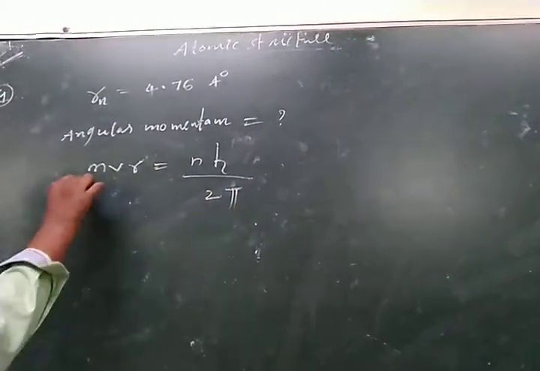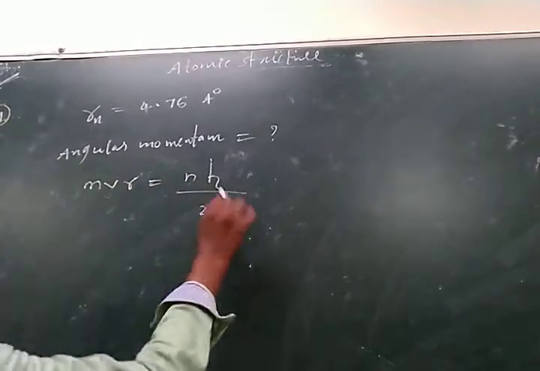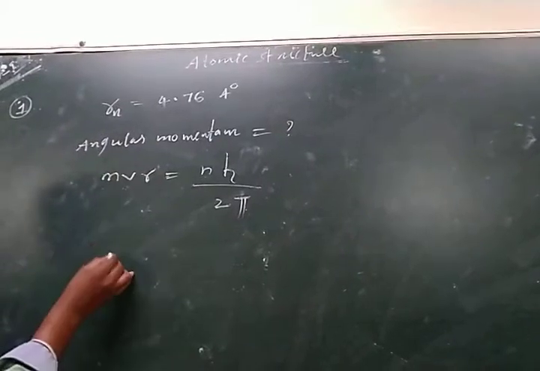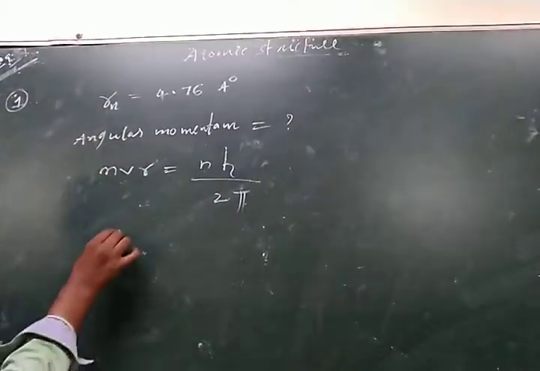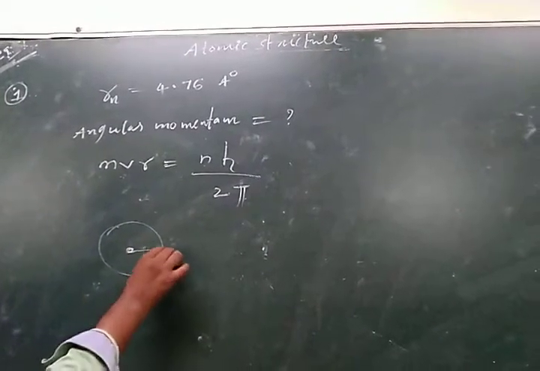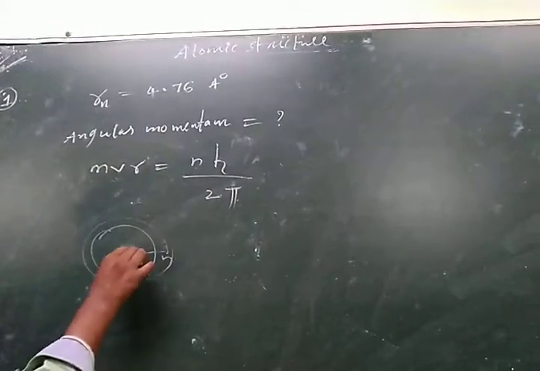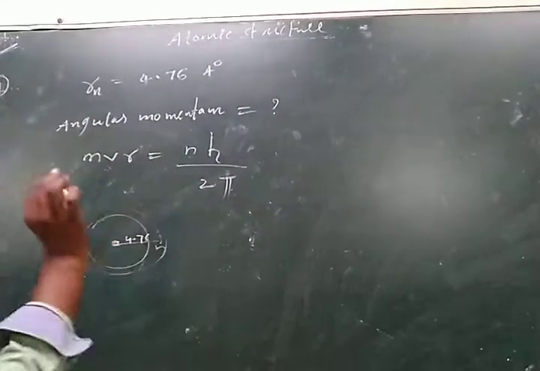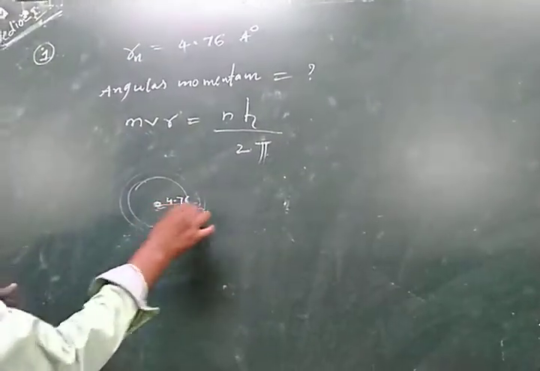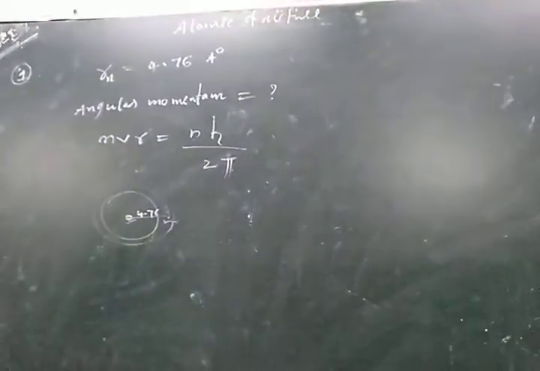That is the angular momentum formula. They have given the distance from the nucleus to some nth orbit, that is 4.76 angstroms. If you find out n, the shell number, and substitute here, then we will get the angular momentum.